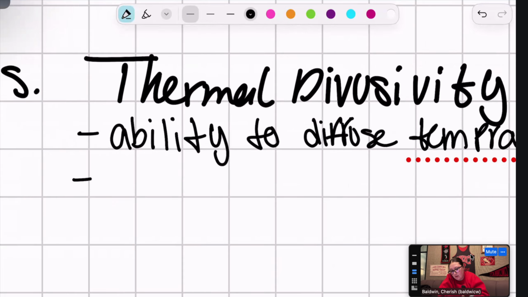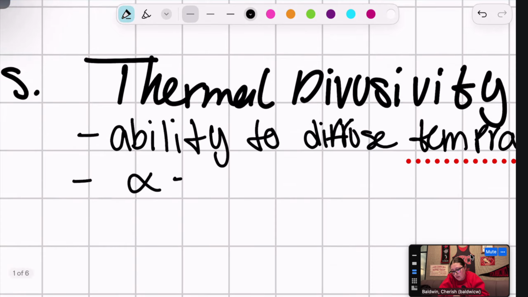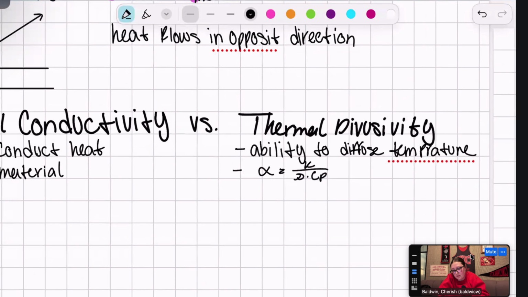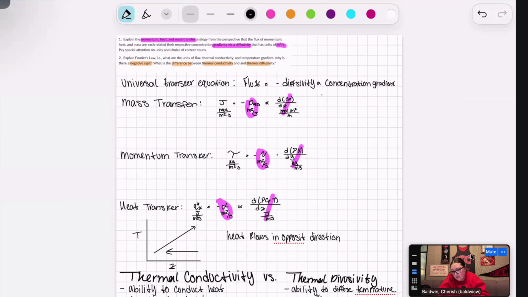Diffusivity is a property able to be calculated, and you can calculate it by the conductivity divided by the density times the heat capacity. So there we go.